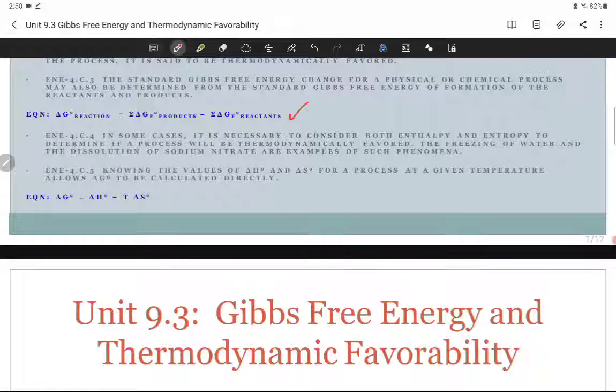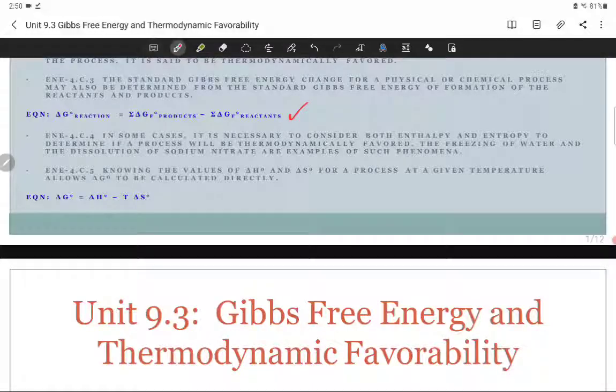You could find them on Google, and you just have to put in the right numbers and make sure, if it's H2O solid, you write down the H2O solid number, not the H2O liquid or H2O gas number. And coefficients still play a part, and you can figure out the delta G for the reaction.